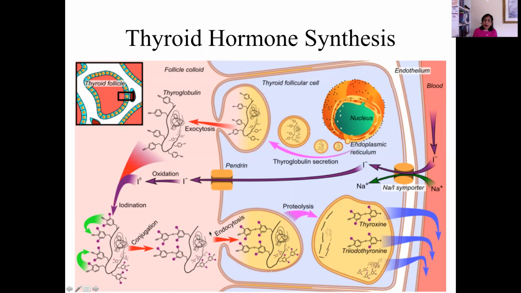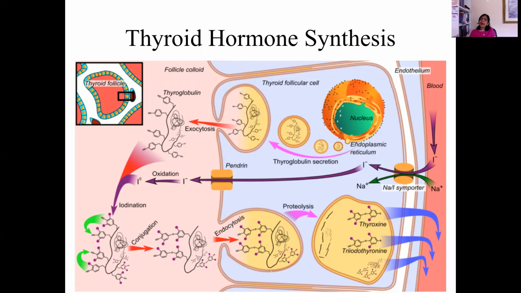Okay, so now knowing where we are, let's talk about one specific ion, iodide, an anion obtained strictly through diet, circulating in the blood, and needed only in the thyroid gland.